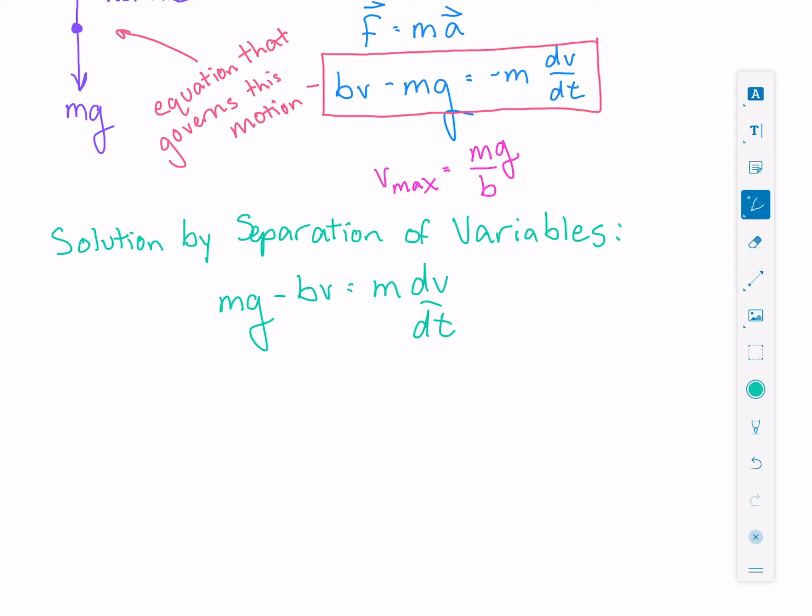So I can rewrite this. dt is going to equal m over mg minus bv times dv. So this is what we call separation of variables. All the one variable goes on one side, all the other variable goes on the other side.